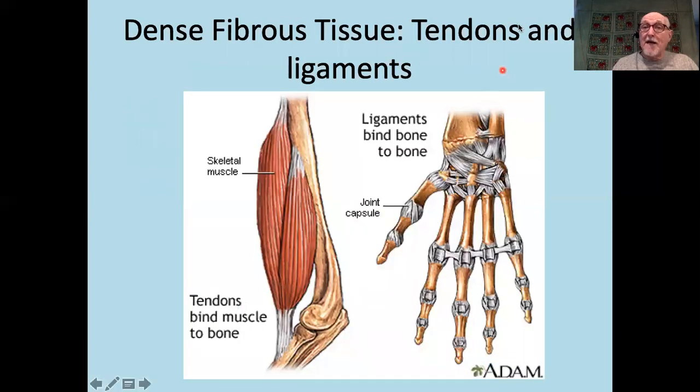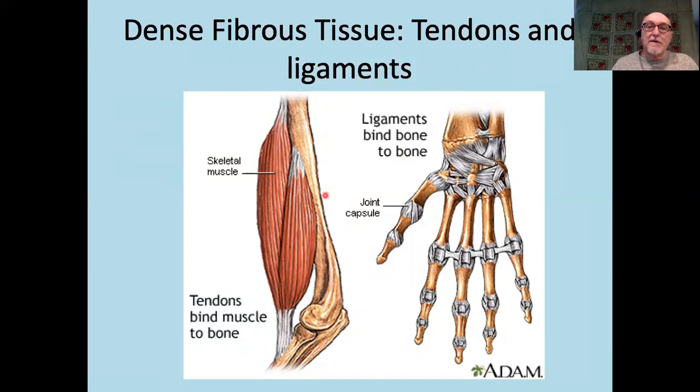Okay, here's another kind of connective tissue, and this is dense, fibrous connective tissue. And these are the tendons and the ligaments. Tendons and ligaments are extremely strong. They are largely proteinaceous, and they consist of very, very strong protein. This is laid down by specialized cells.